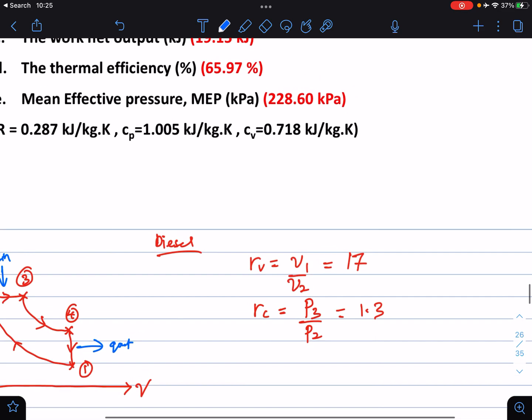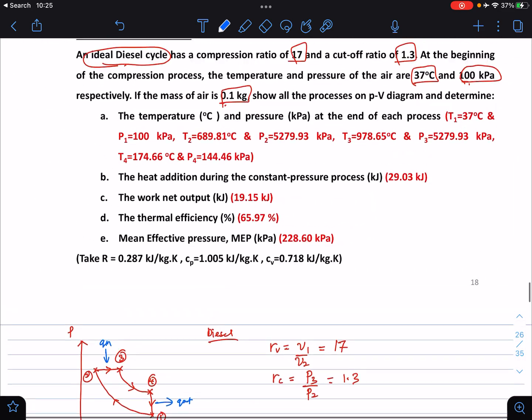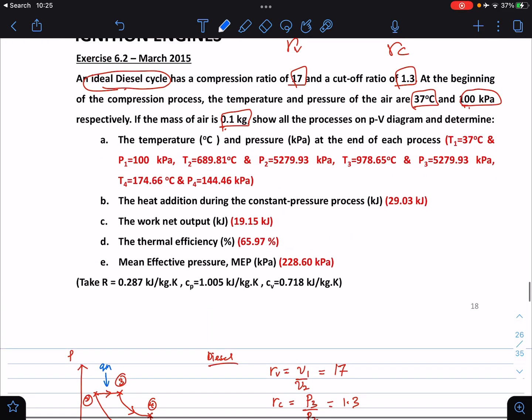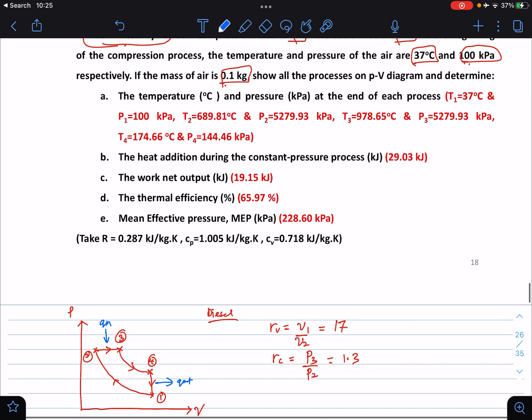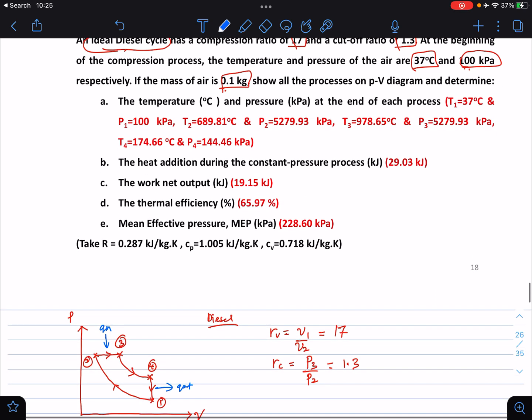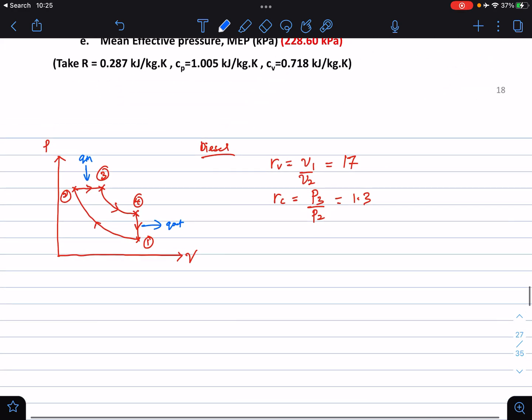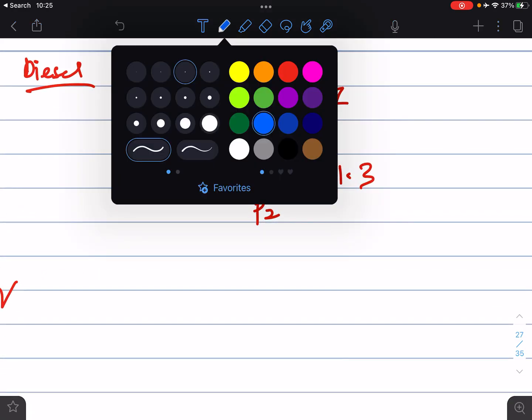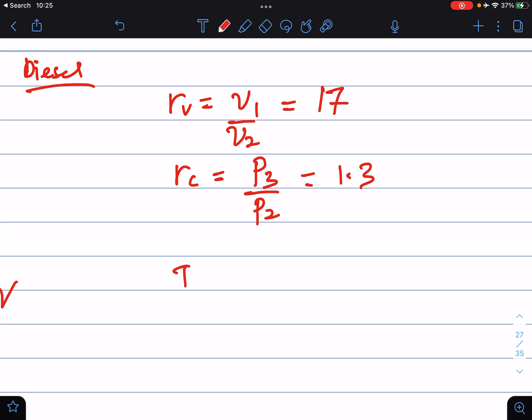At the beginning of the compression process, the temperature is 37 degrees Celsius. So this is your T1. Remember, if you deal with gas, just change into Kelvin.